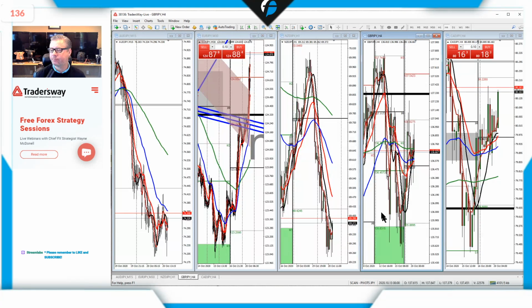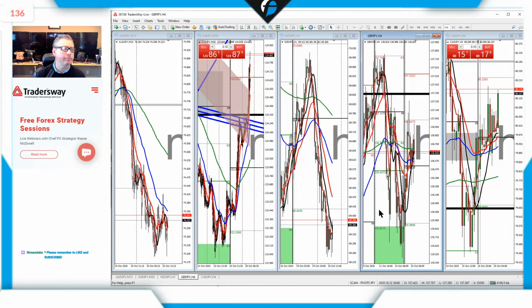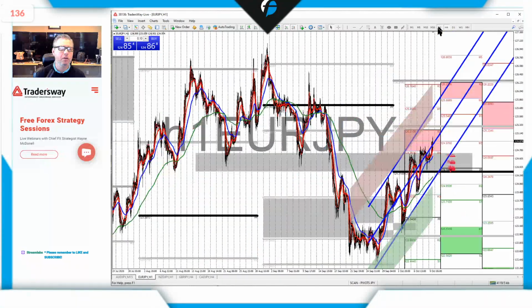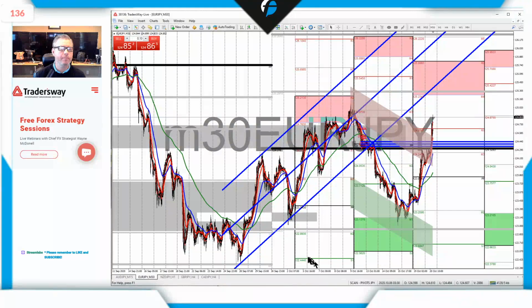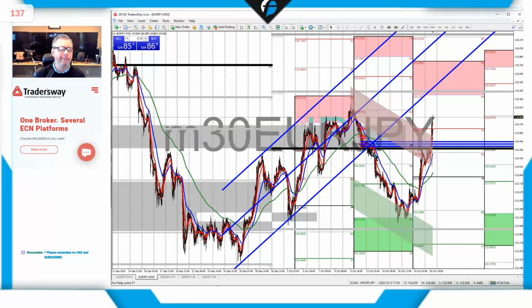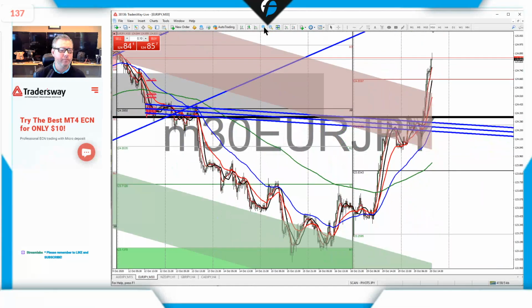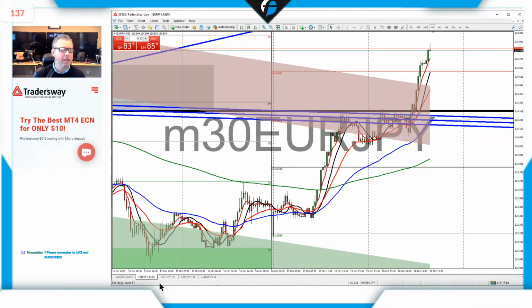All right, so let's go yen maybe. Euro yen's up, of course. So nothing much to report there. It's precisely the same trade as euro dollar. I mean, it's so beautiful.